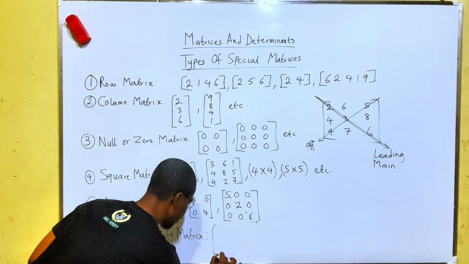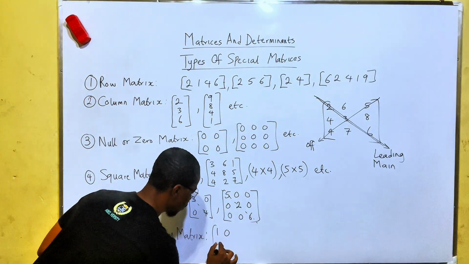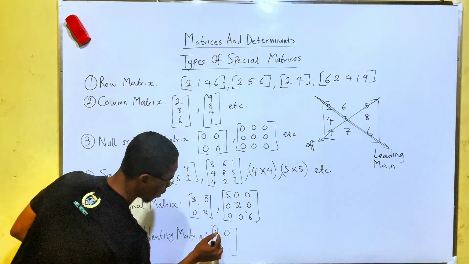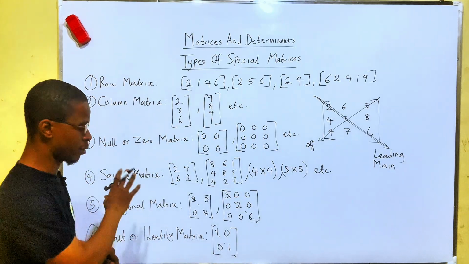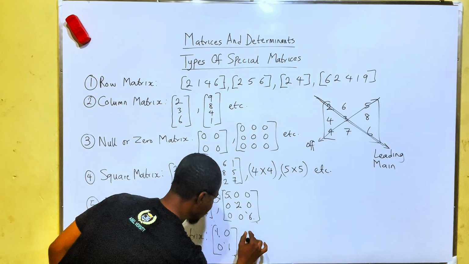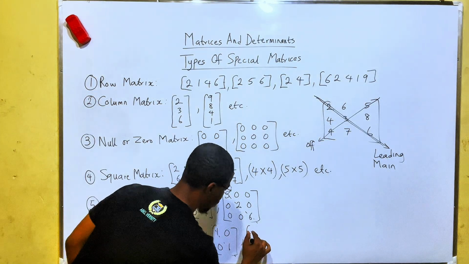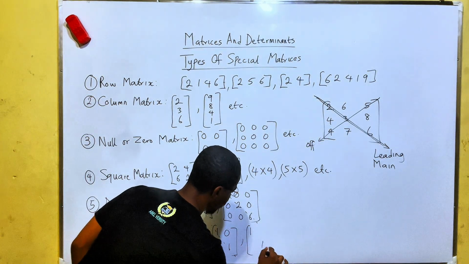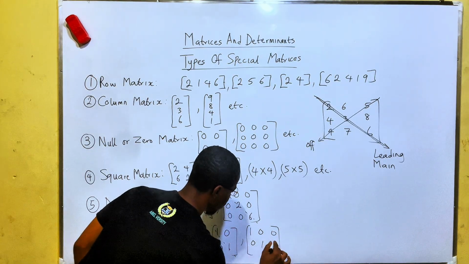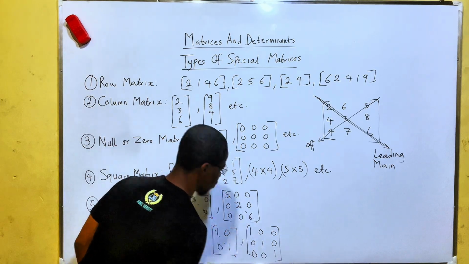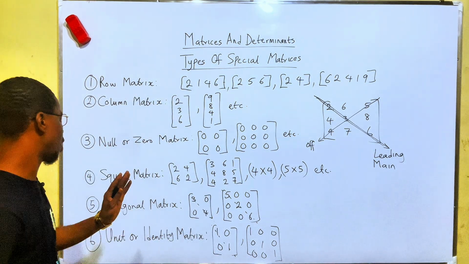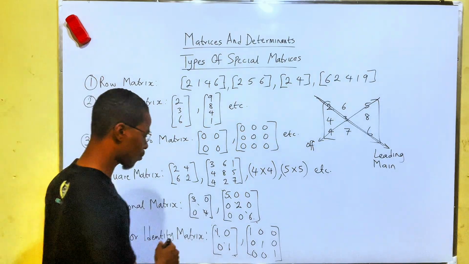Examples are these. We have 1, 0, 0, 1. Observe here, the leading diagonal is all ones, that's all unity. You can also have it in 3 by 3 form, where we have 1, 1, 1 and the rest 0. This is also a unit or identity matrix.